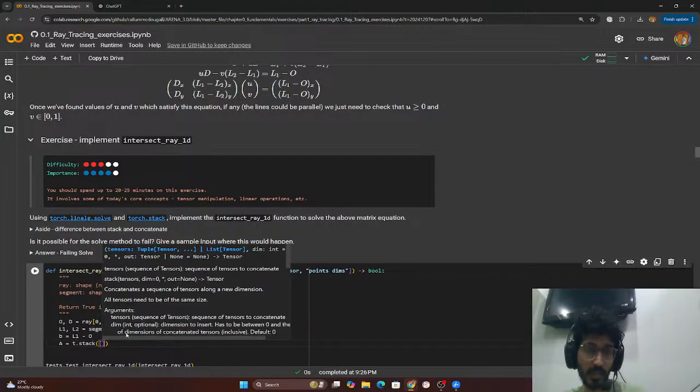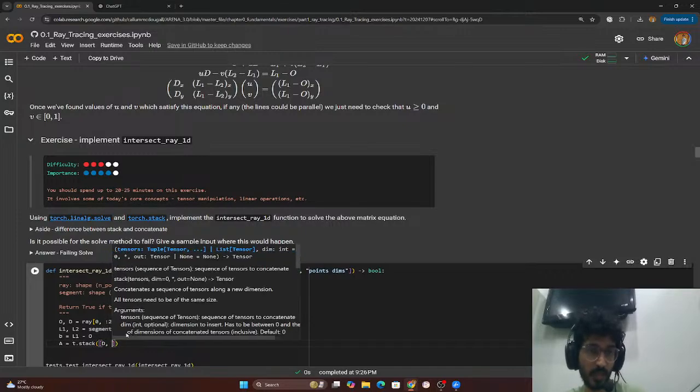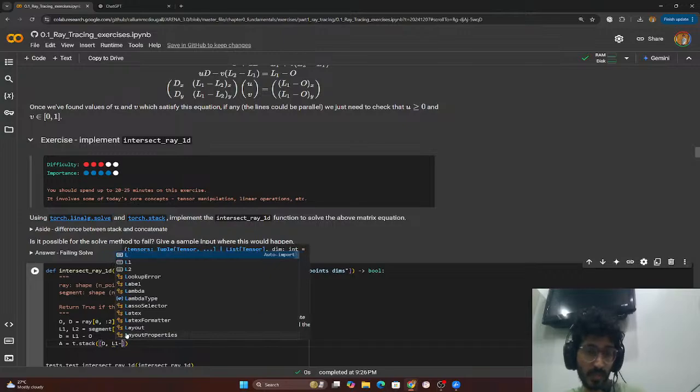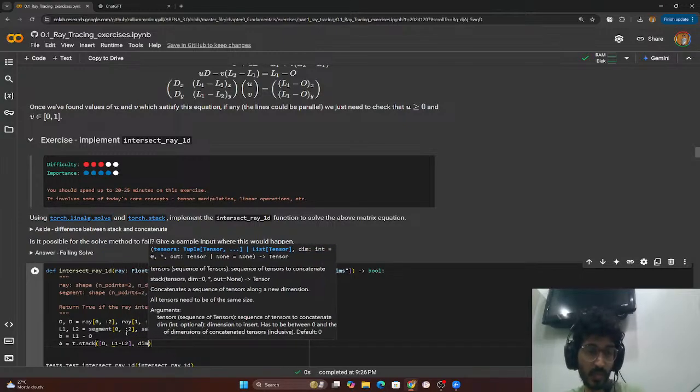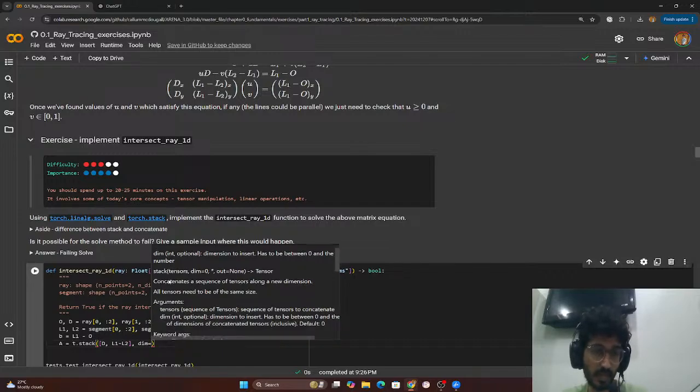We need to stack the direction and L1 minus L2.